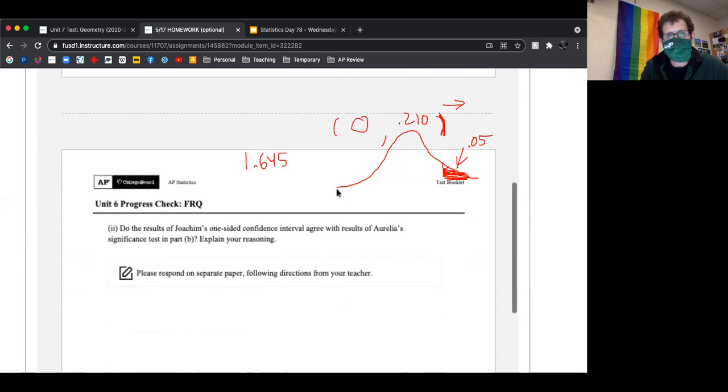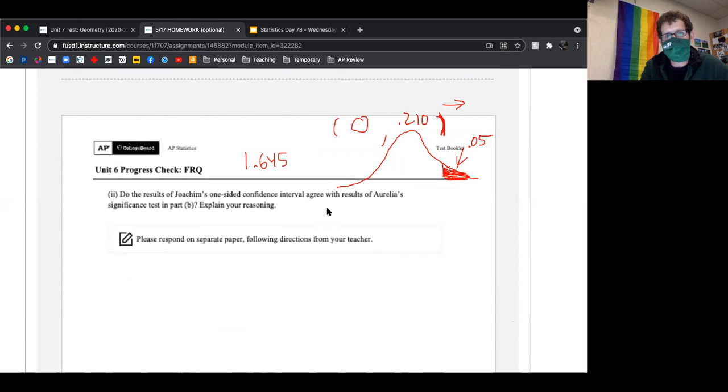But the very last question says, do these results of the one-sided confidence interval agree with the results of Aurelia's significance test in part B? That was where they did the one sample z-test, and she got a statistically significant result. With this, we would get the same thing.